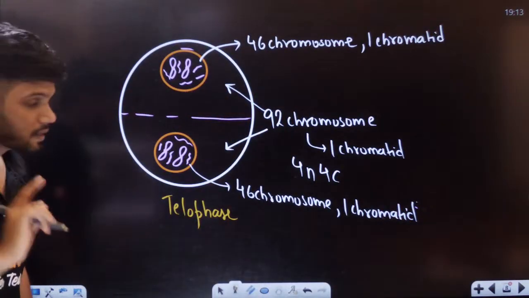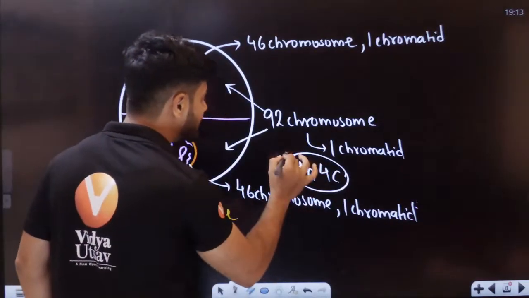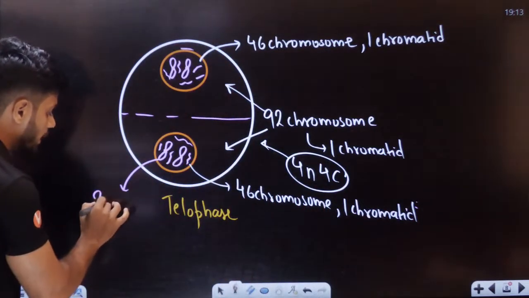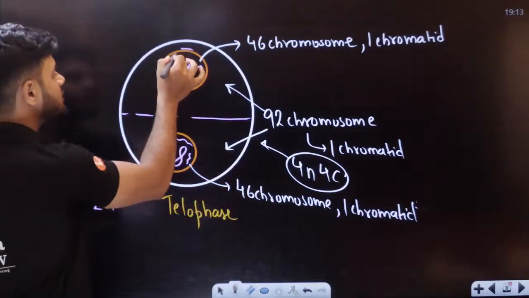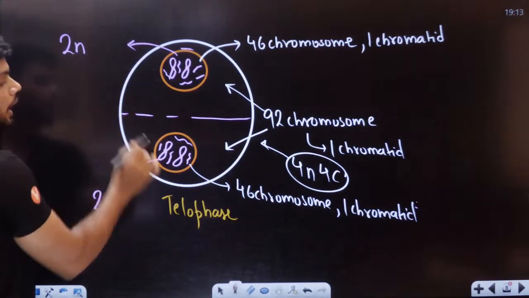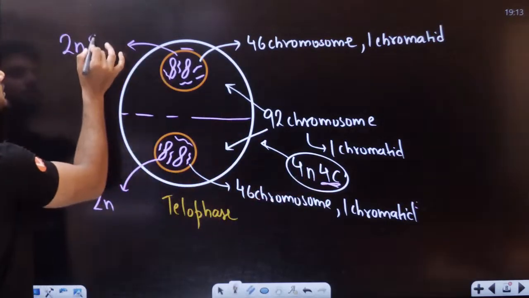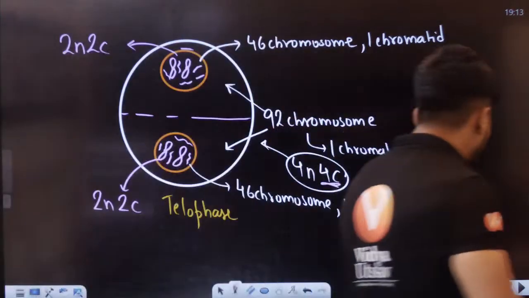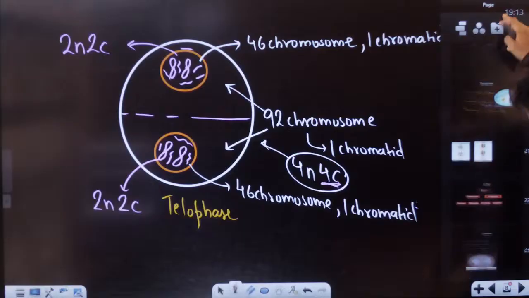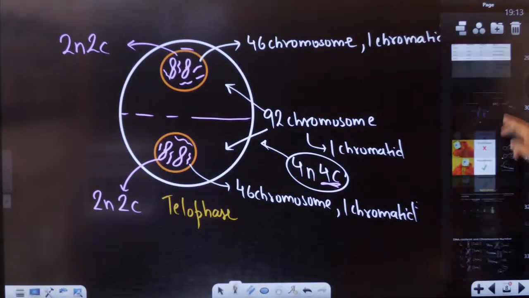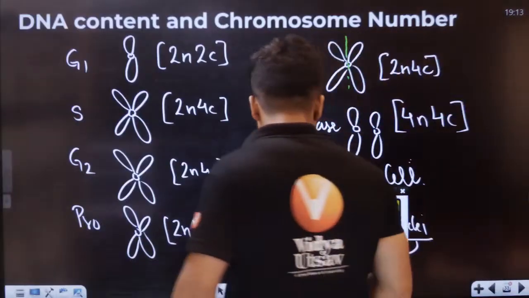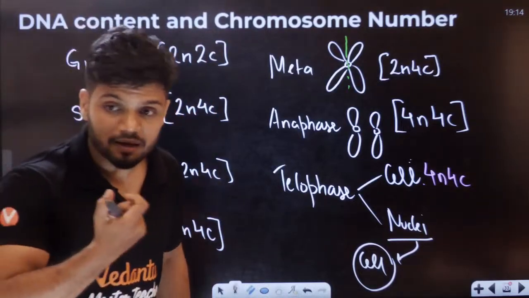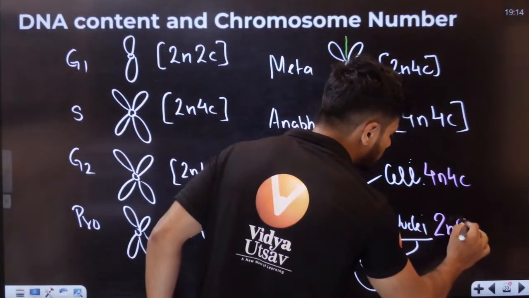Now I want all of you to focus. Out of this 4N and 4C cell, this one nucleus is 2N because half came here. Out of this 4C DNA content, 2C went this side and 2C went this side. So at telophase, per cell it is 4N and 4C, but per nucleus it is 2N and 2C.